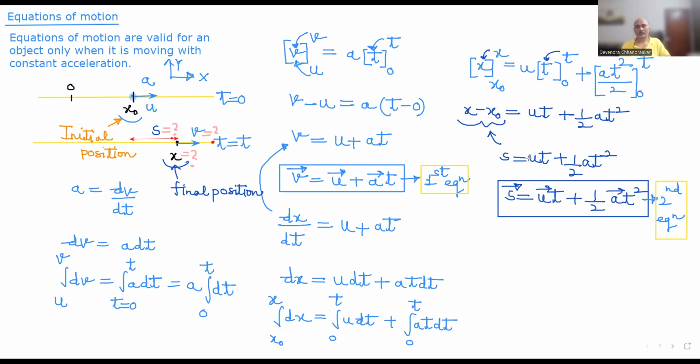dx equals u dt plus at dt. Where did we get dt from? I brought this t from here. Sir, once we did the integration of at dt, for dt do we have to take t to make it t?